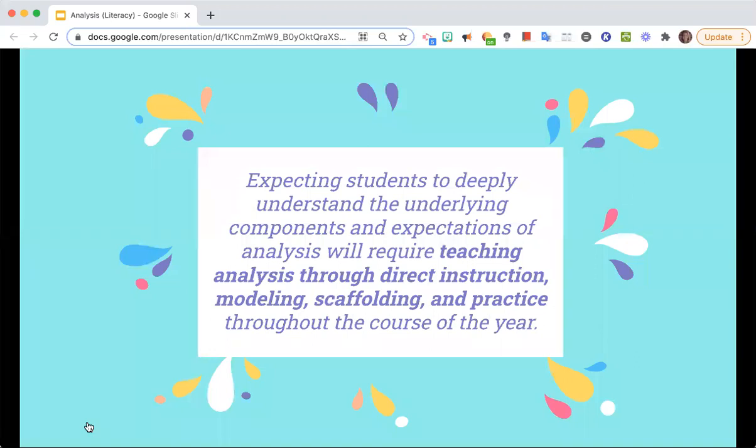Expecting students to deeply understand the underlying components and expectations of analysis will require teaching analysis through direct instruction, modeling, scaffolding, and practice throughout the course of the year. So we can't just ask students to analyze when we have an essay question or a text-dependent analysis practice. Analysis should really be going on every day and not just in English language arts.